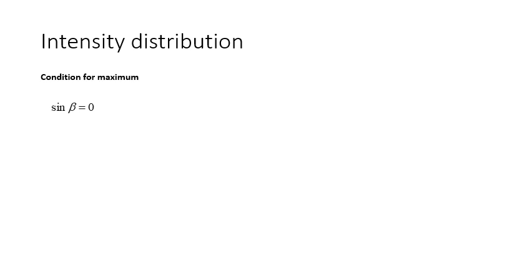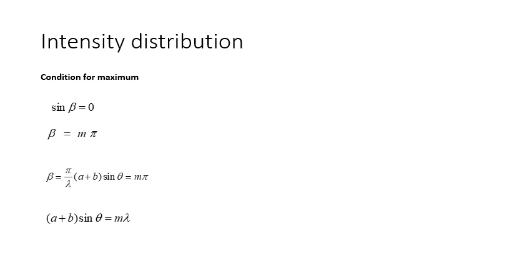If sine beta is equal to 0, beta can be written as m pi, and you know beta is pi by lambda into (a plus b) into sine theta. So pi by lambda into (a plus b) sine theta is equal to m pi, which gives (a plus b) sine theta equal to m lambda. So this is the condition for maxima.